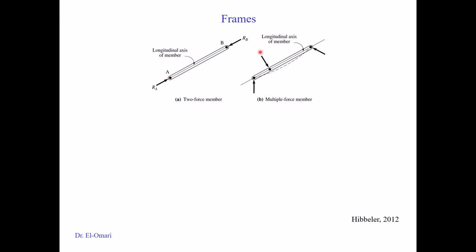If there's any force in between, this will change the resultant line of action, so the two resultants won't share the same line of action anymore, and this is not considered a two-force member. Two-force members are subject to tension and compression, but here you also have bending to be included.